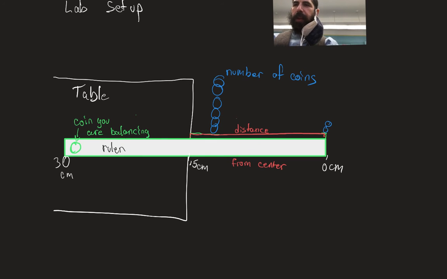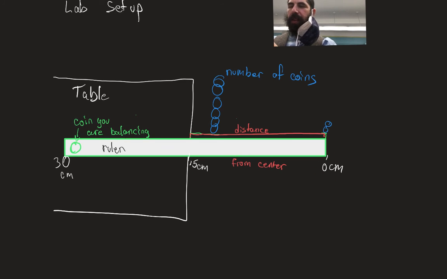Here's the setup for your lab. You're going to need a table and a ruler and a bunch of identical coins like pennies or quarters or even washers if you have those. You'll set up your ruler with the 30 centimeter mark on the table and the 0 centimeter mark hanging off the end.